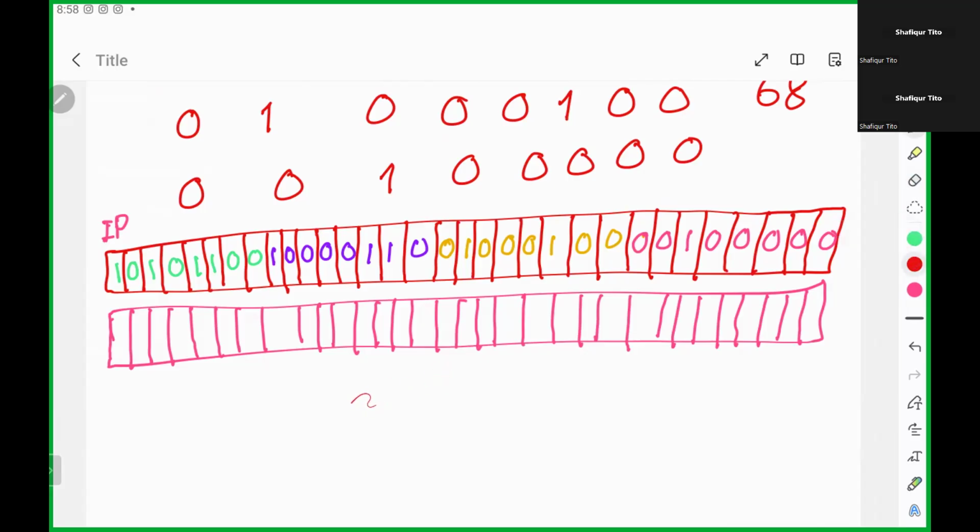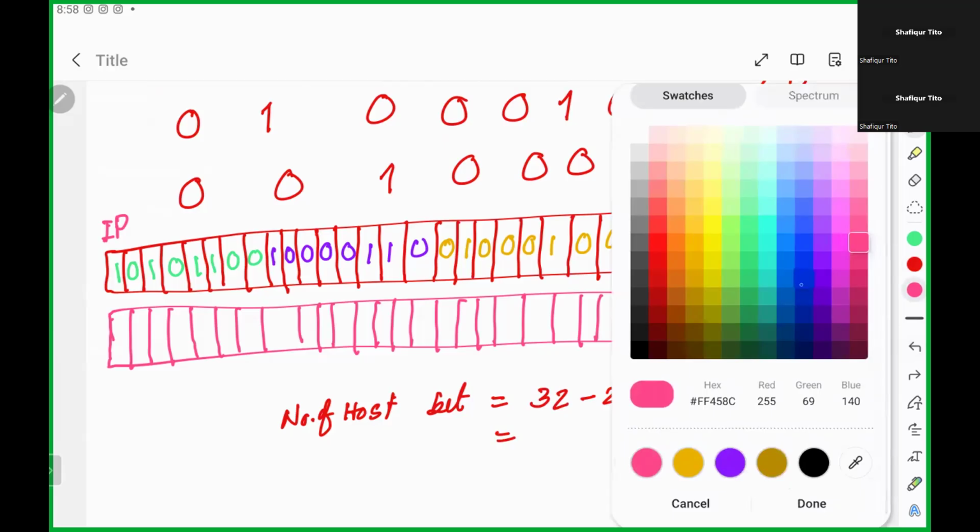So the number of host bits is equal to 32 minus 20. That will be 12. So I can mark 0, 1, 2, 3. Let us take different colors. So we'll take blue.